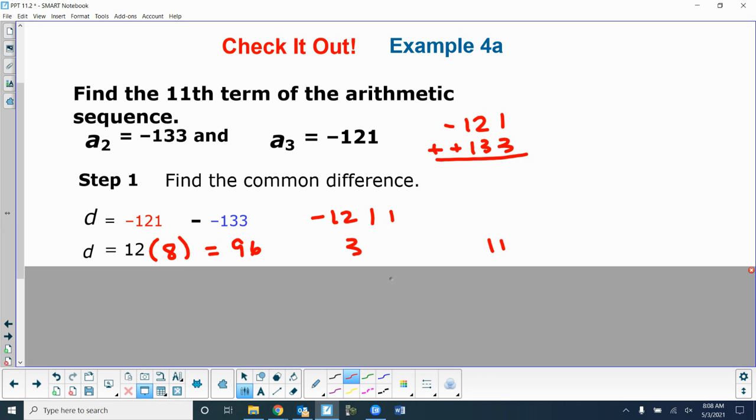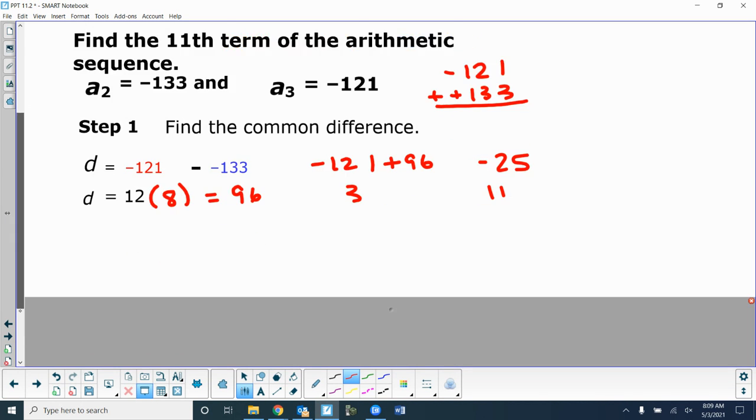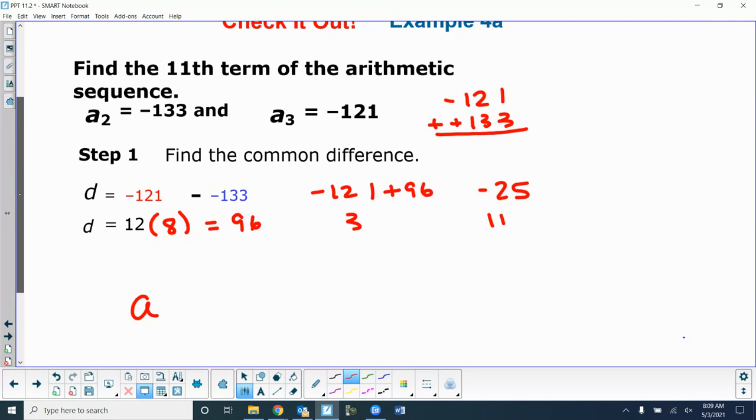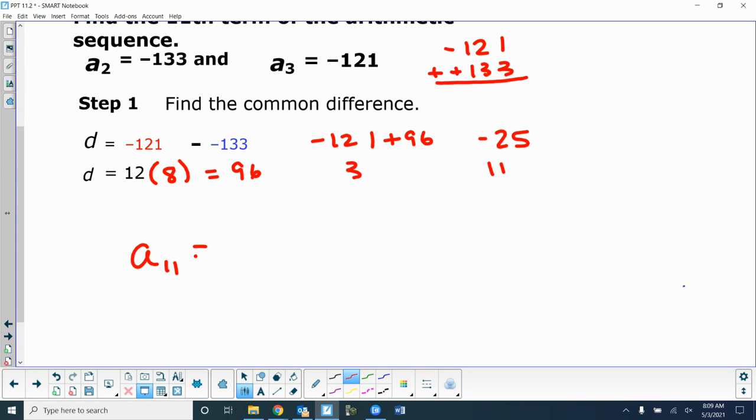So you add 96 to that, which would be negative 25. So, what were you looking for? The 11th term is negative 25.